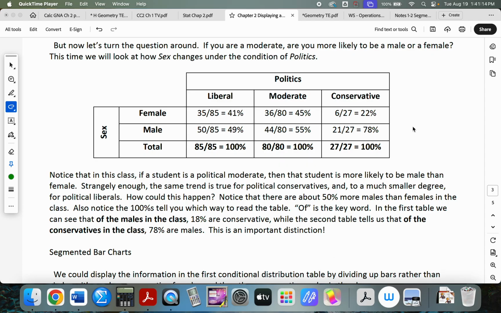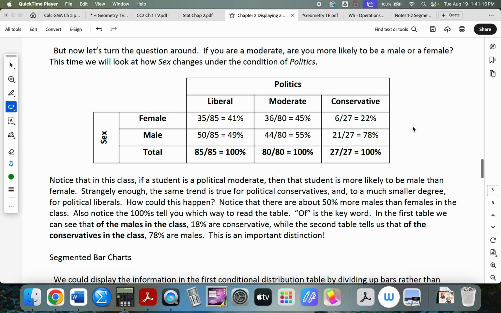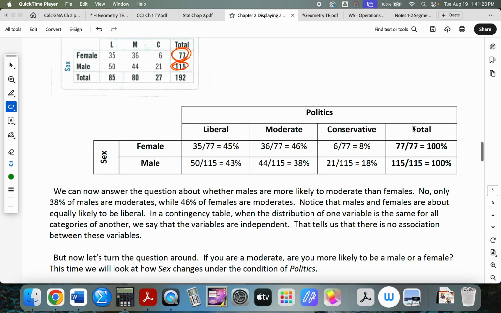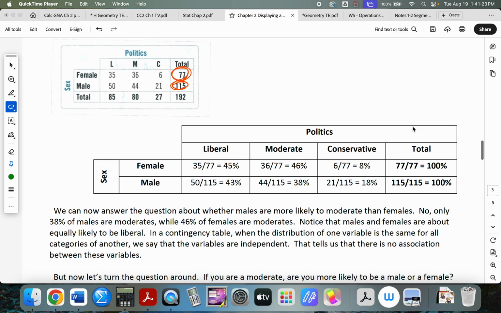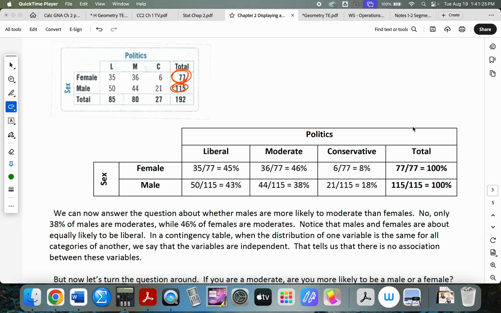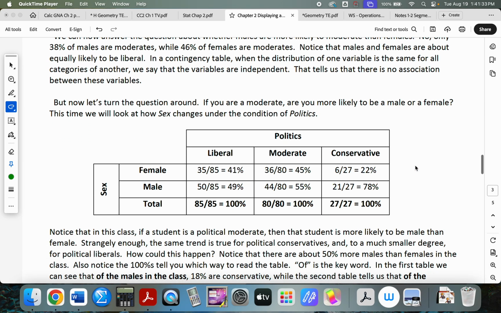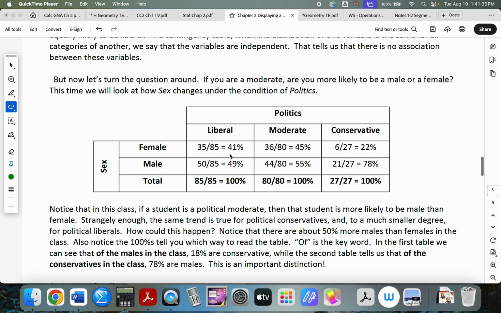Okay, so this time, the time before, we were looking at how their politics break down along sex lines. Now we're going to do it the opposite way, how the different sexes differ based on the politics.